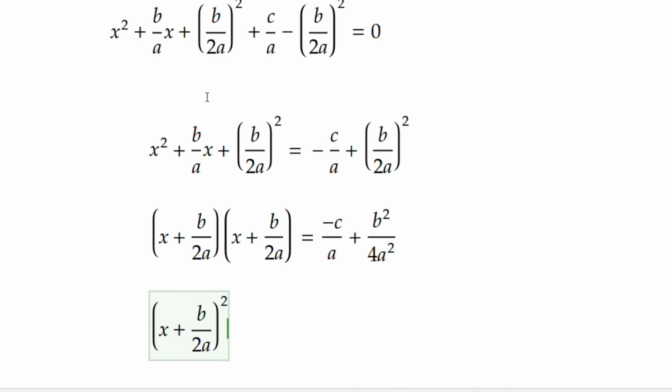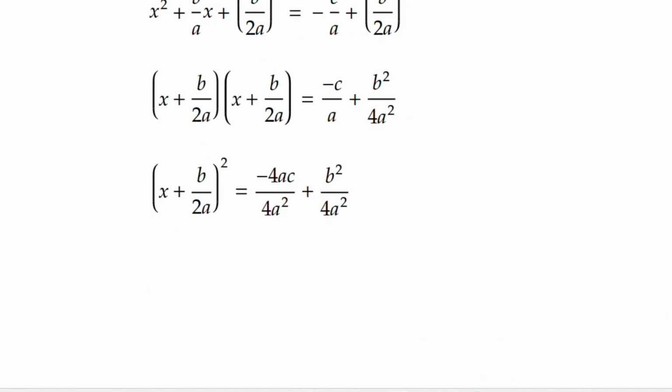So I can just combine it and make it x plus b over 2a to the power 2 is equal to, then for this side, the right hand side, I need to find the common denominator. So I'm going to multiply negative c over a by 4a over 4a. So it's going to be negative 4ac over 4a to the power 2 plus b to the power 2 over 4a to the power 2.